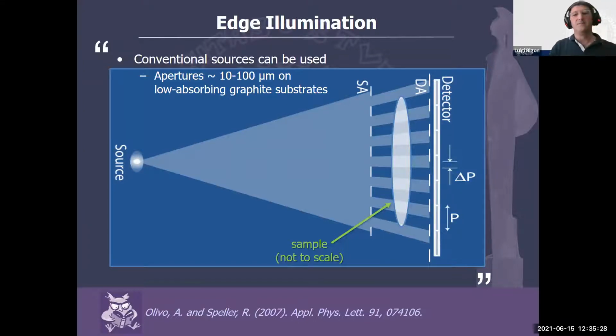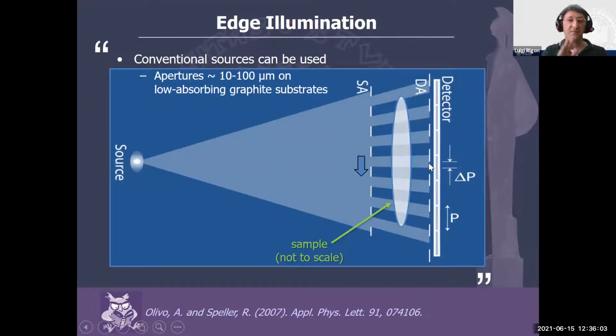Now, okay, this looks rather complicated, but it's feasible. You need to create this mask with apertures in the order of 10 to 100 microns, which is feasible, also with low absorbing substrates, for instance, graphite. And the idea is that then if you scan the sample mask, the mask that is before the sample, you can obtain different illumination conditions.